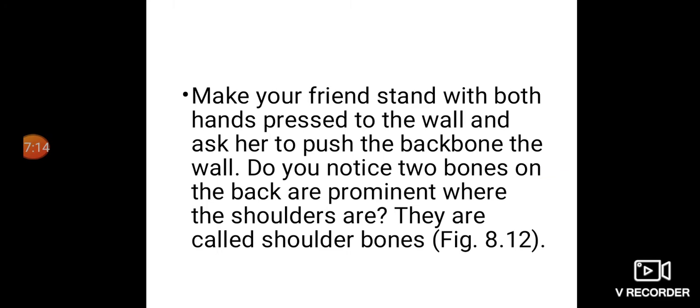Two bones on the back are prominent. Prominent means you are able to see. The bones are visible where the shoulders are. What are they called? They are called shoulder bones.